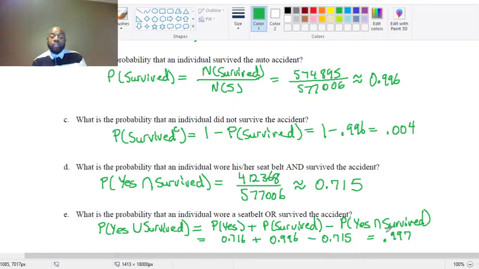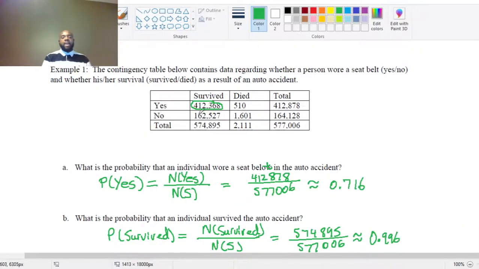Now, alternatively, we could also find this probability by looking at the number of people who had yes or survived, right? So I can go here and see that if I add these two groups together, that's the number of people that survived.